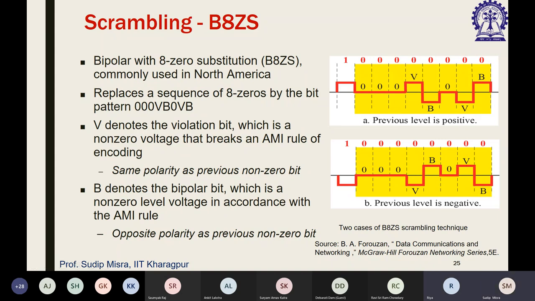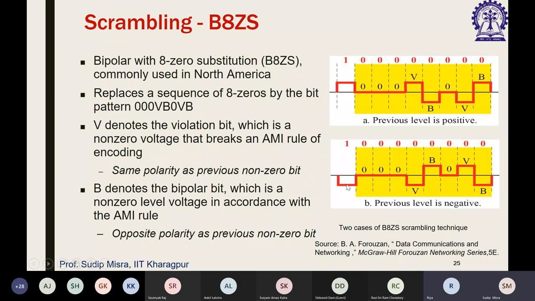Okay. So if the previous bit level is positive, that means over here the previous bit level was positive, so you introduce this. If the previous bit level is negative like this, then the violation bit will be a negative V. If the previous level is positive, like in here, the violation bit will be positive. The violation voltage level corresponding to this bit is going to be positive.